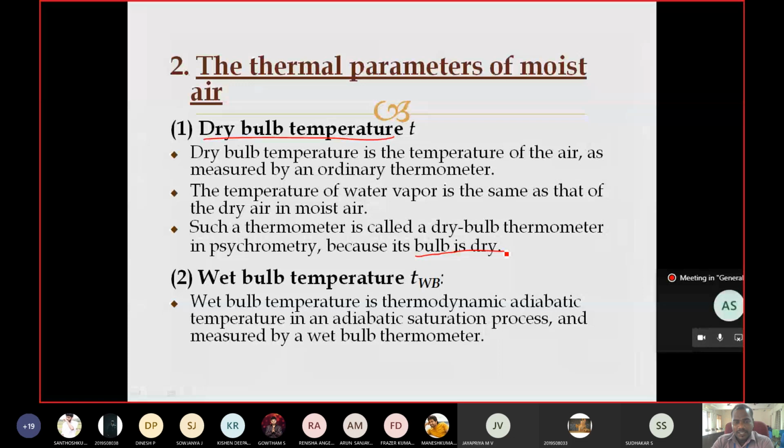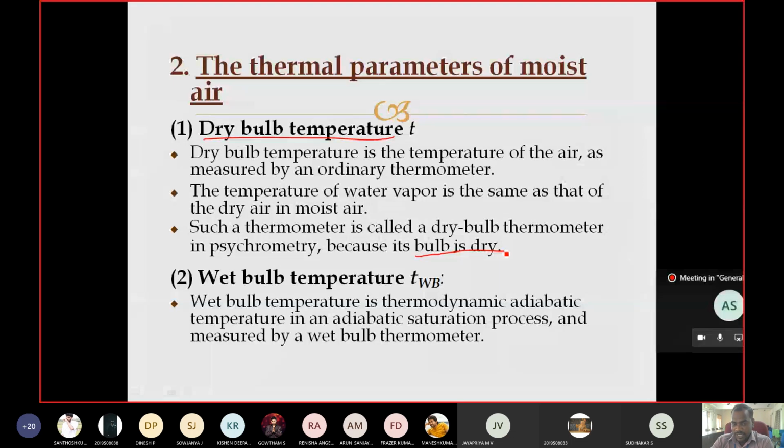Then we have another property, wet bulb temperature. That is denoted by TWB. Wet bulb temperature is the thermodynamic adiabatic saturation temperature in an adiabatic saturation process and is measured by a wet bulb thermometer. So we have a dry bulb thermometer and a wet bulb thermometer.